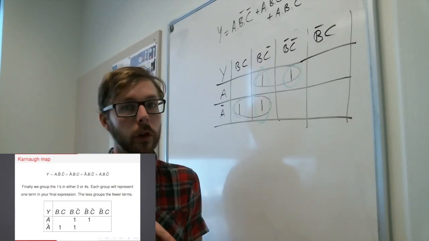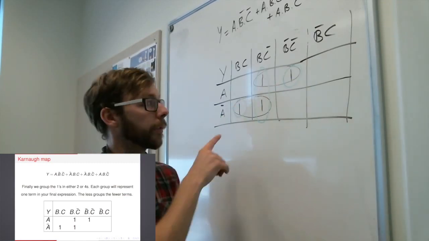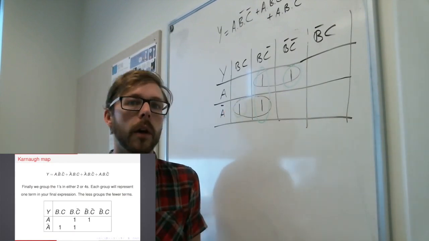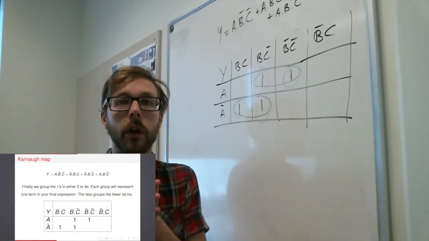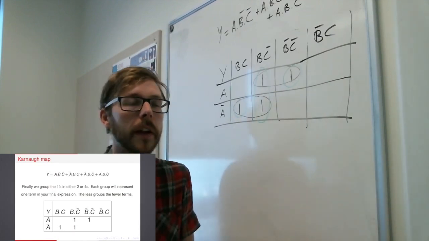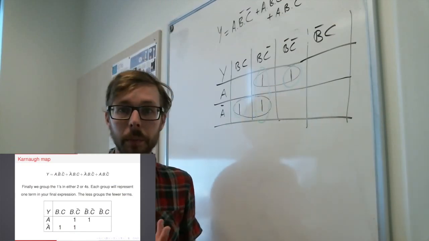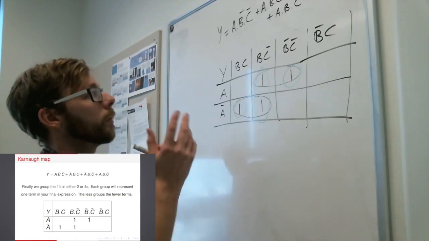That means I'm going to have two terms in my final expression. The green ones, there are three circles, which means I'll have three terms in my final expression. While those two expressions will be logically equivalent, they will output exactly the same thing, I would say the black one will be simpler than the green one, just because it has two terms rather than three.